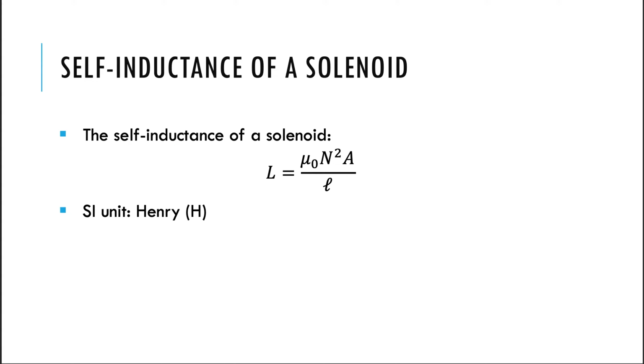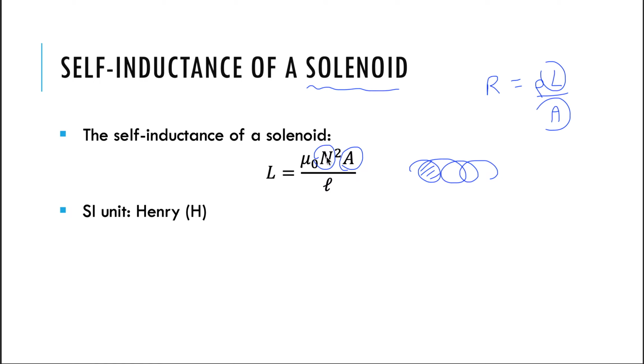We do have another equation for inductance. If we're talking about the solenoid, then the actual inductance is going to depend on the properties of the solenoid. Just like the resistance of a resistor depended on its properties, the length, the area, the resistivity, here the properties of the inductor matter, such as N, the number of turns, A, the area of these loops, and L, the length of that inductor.